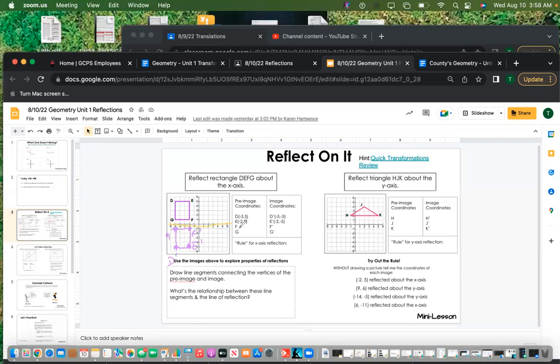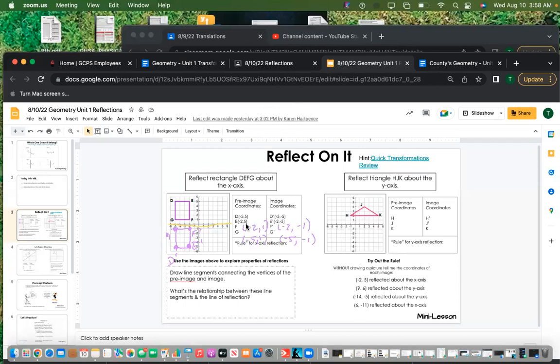Okay, and if you want to list out those points over here, just so you know where they are, F is located at -2, 1. F prime is located at -2, -1. And G is located at -5, 1. And G prime is located at -5, -1. Okay, so what is the rule for the reflection across the x-axis?